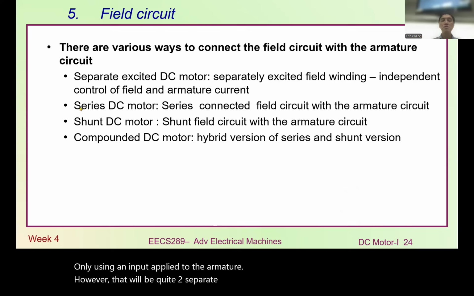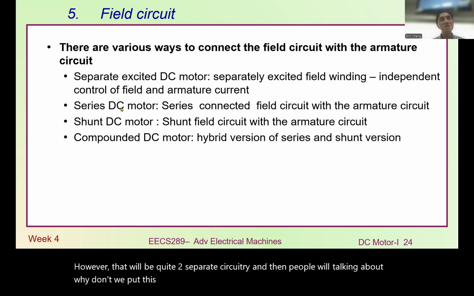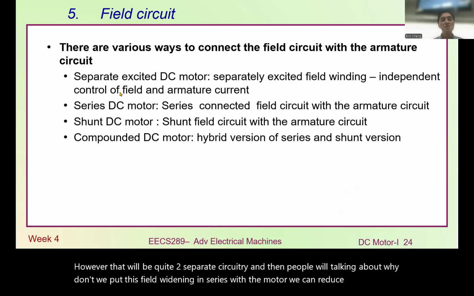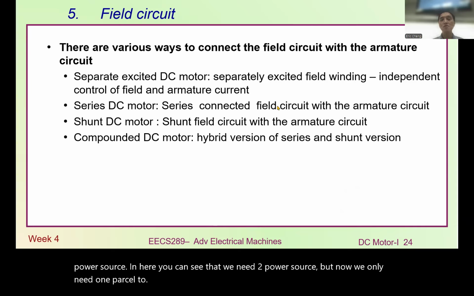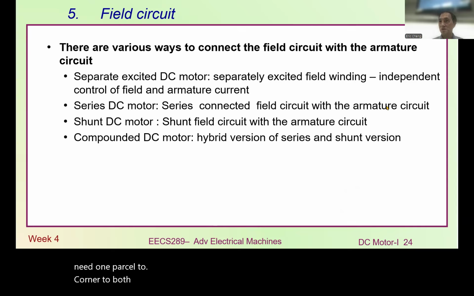And then people were talking about, why don't we put this field winding in series with the motor? We can reduce the power source. In here, you can see that we need 2 power sources. But now we only need 1 power source to connect to both field circuit and armature circuit. And then since we can connect them in series, why don't we connect in parallel?